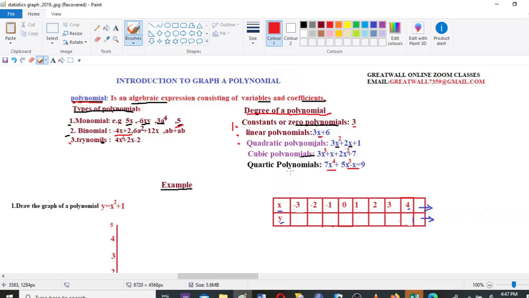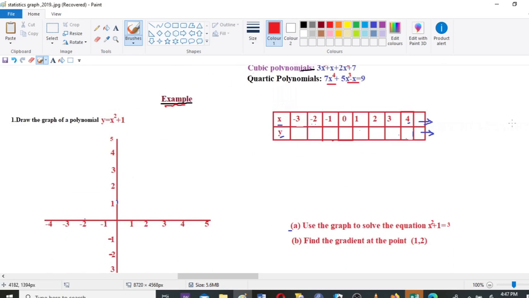Now we can look at this example that we have here. We want to draw the graph of the polynomial y is equal to x squared plus 3. How do we draw this? How do we graph this type of polynomial that we have been given?